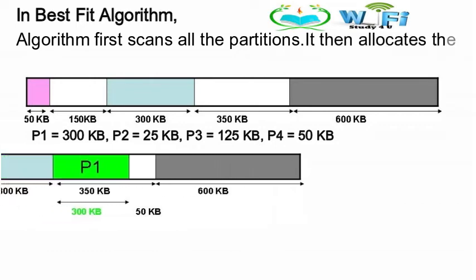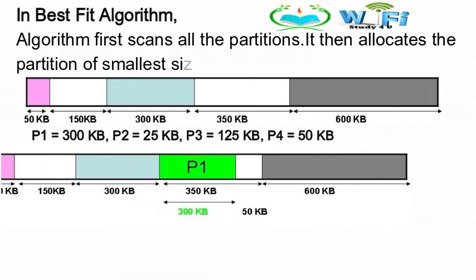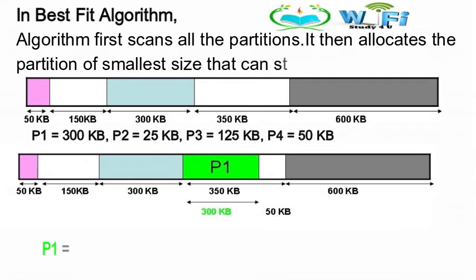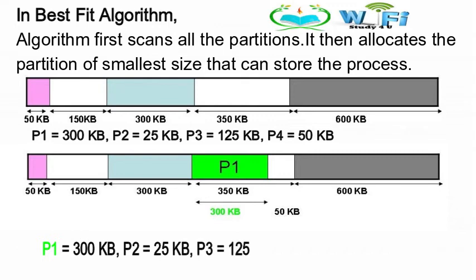It means a process is stored in the nearest smallest size or equivalent free memory location. In the given figure, 50 kilobyte, 300 kilobyte and 600 kilobyte are already allotted. You have only two blank free spaces, 150 kilobyte and 350.